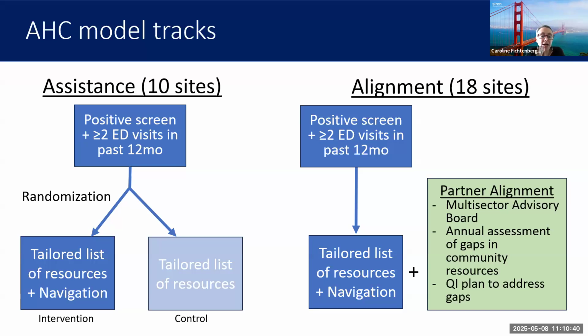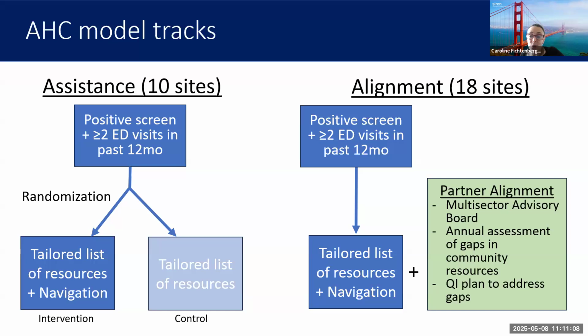So in the assistance track, there was basically a randomized control trial comparing individuals who received navigation to individuals who didn't. And the navigation here was provided by individuals who, after the fact, contacted the individuals who screened positive and talked with them about what resources were available, provided ongoing navigation as needed.